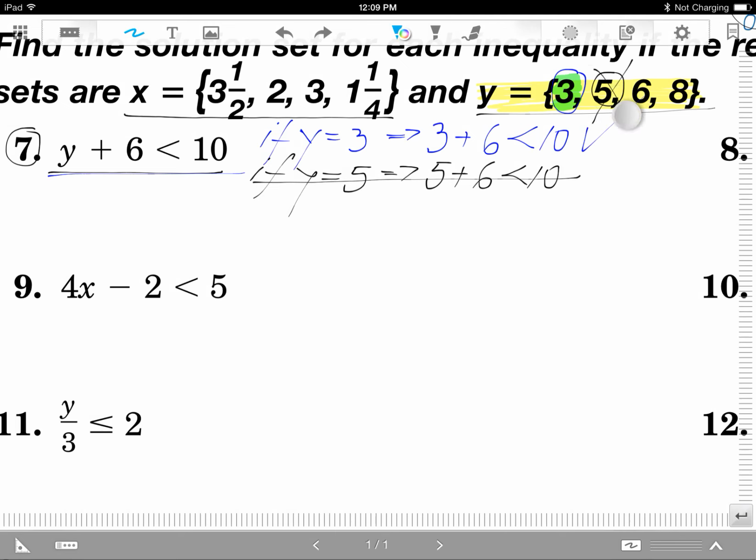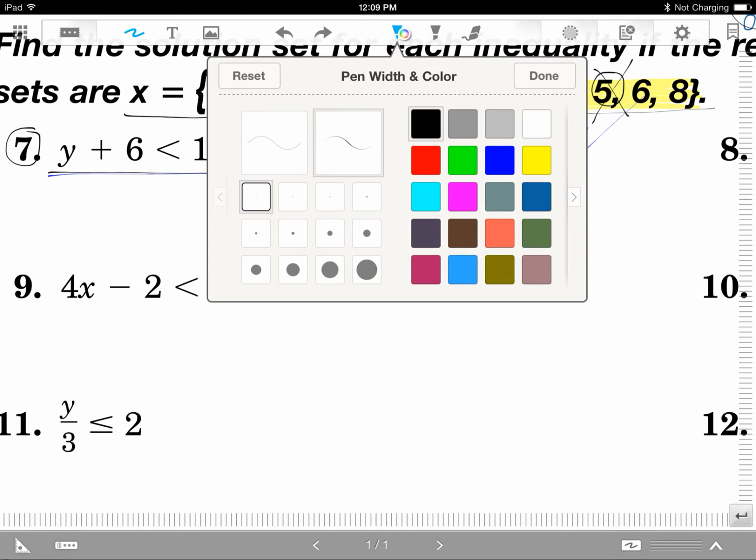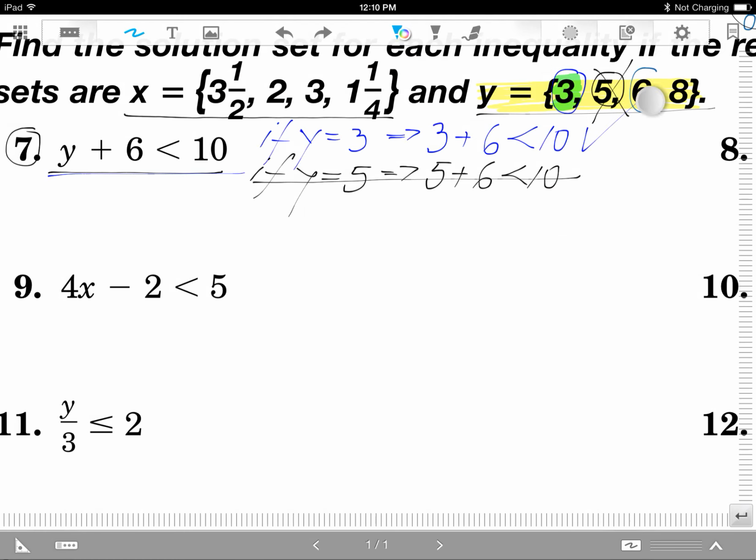That 5 is not part of my solution set. You're moving on. You choose the next number here, which is 6. And you say, if y equals 6, your expression will be 6 plus 6, and that should be less than 10. Is that true? I don't think so. Which means 6 is not part of your solution set. Moving on to the next one.